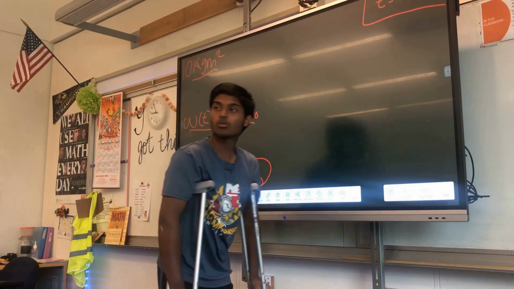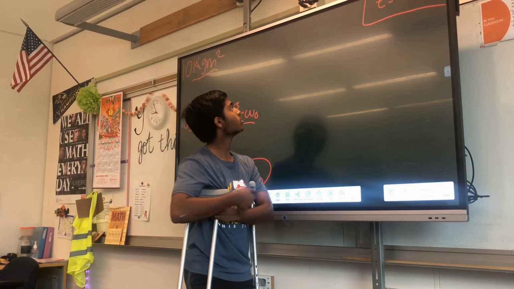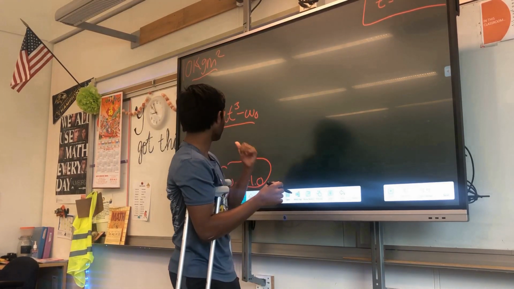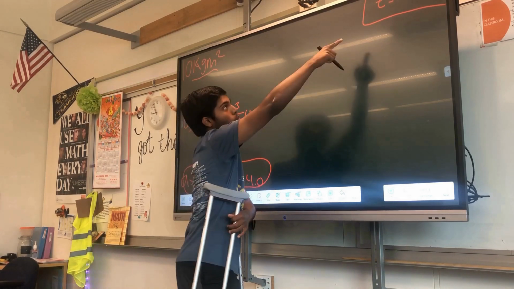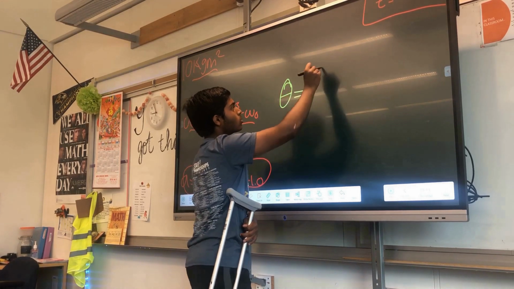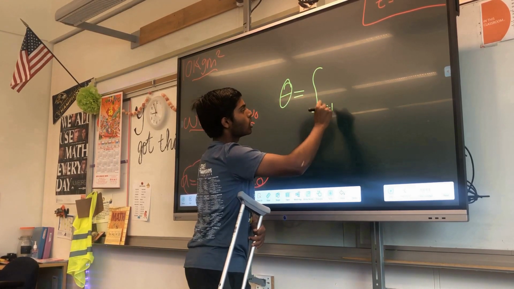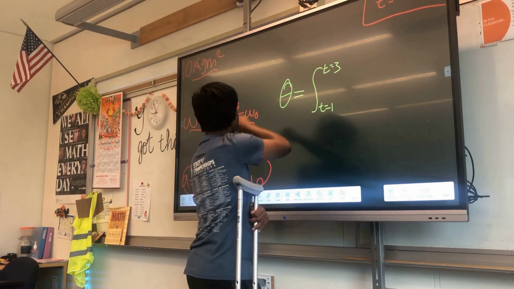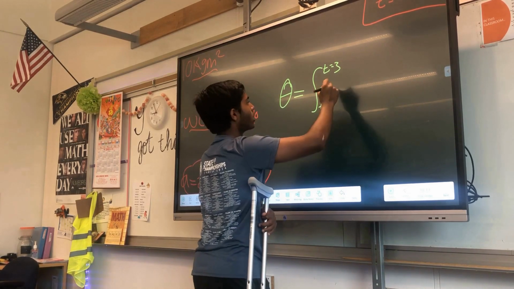So for this equation, what we're going to do is integrate the equation they gave us here, plugging in all the values that they've given us from 1 to 3. So theta equals the integral from t equals 1 to t equals 3 of this equation, substituting 2 for alpha and 4 for omega initially.